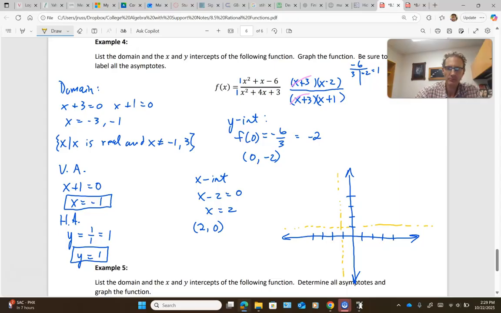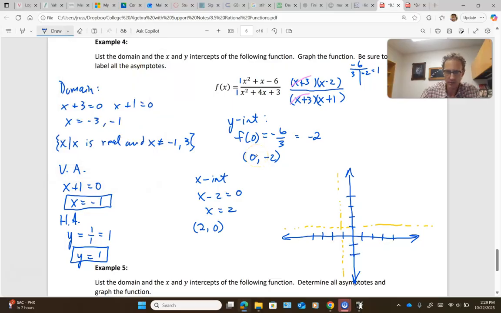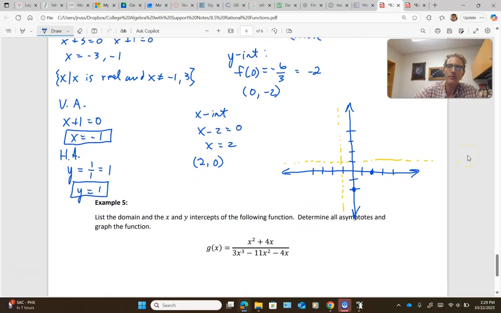Okay. And then what I like to do is go ahead and plot my x and y intercepts. Well, the y-intercept is at (0, -2). It's going to be right here. And the only x-intercept is at (2, 0). So it is right here. Remember how lots of times these asymptotes kind of partition our function.